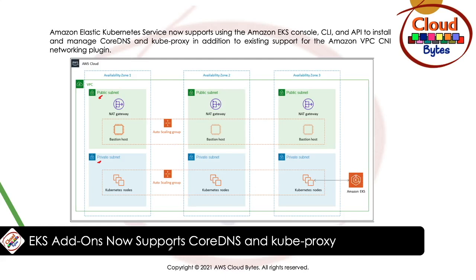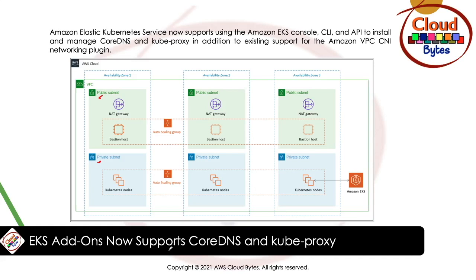So what exactly are we getting in this particular change? Now, EKS is going to support installing CoreDNS and kube-proxy from the console, CLI, and API. These are the additional plugins. As of now, it only had the CNI network plugin.